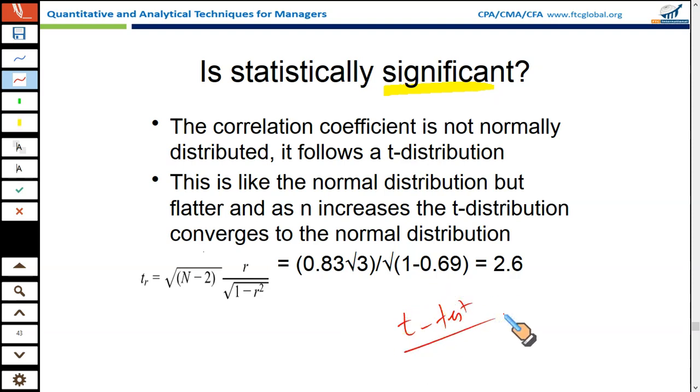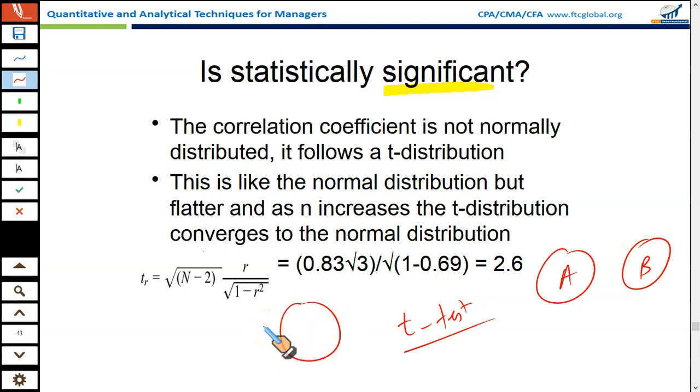What is a t-test? A t-test is used to determine if there is a significant difference between two sets of data, set A and set B, or in our example, we are just considering one situation, a linear relationship between x and y. X, the number of books read, and y, the score. So a t-test is used to determine if there is a significant difference between two sets, or a significant linear relationship between two variables, and that's our example.